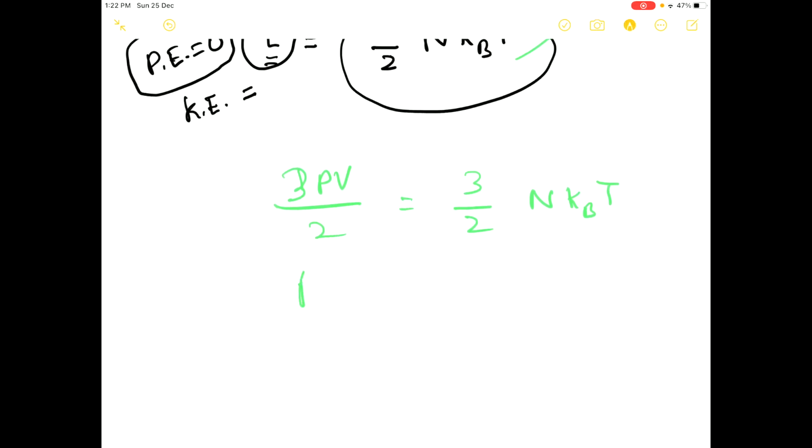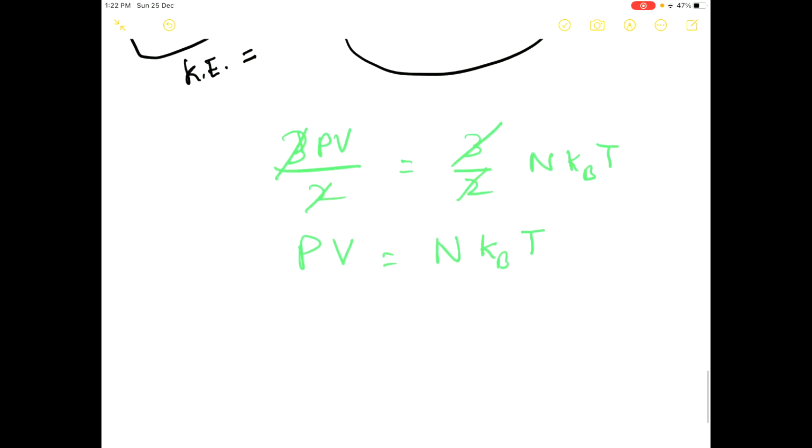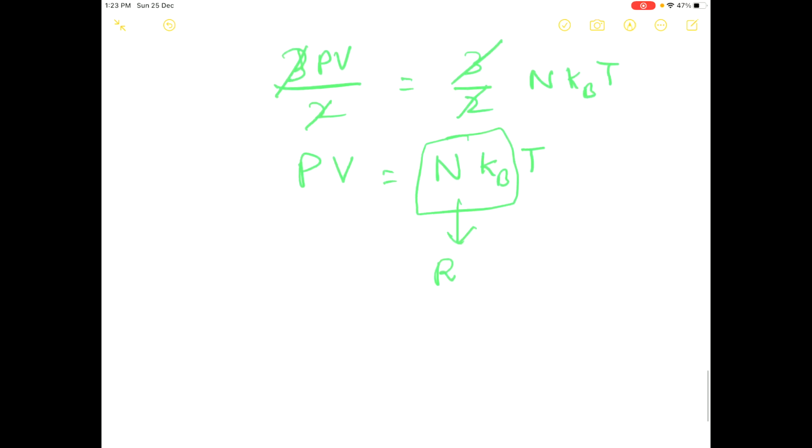3 by 2 cancels out. PV is equal to nkBT, and nkB here is equal to R, which we have studied.